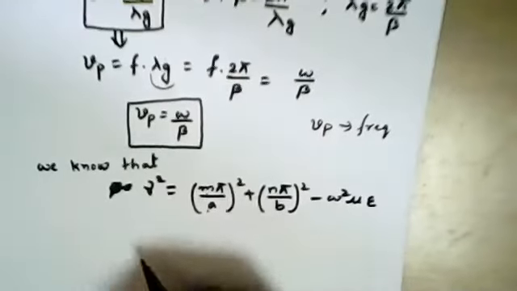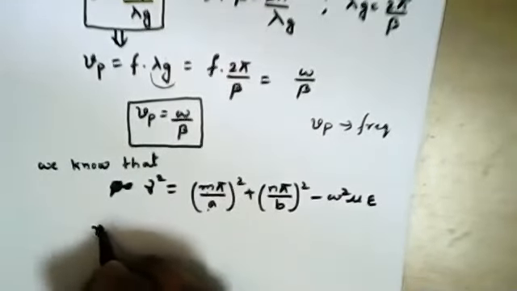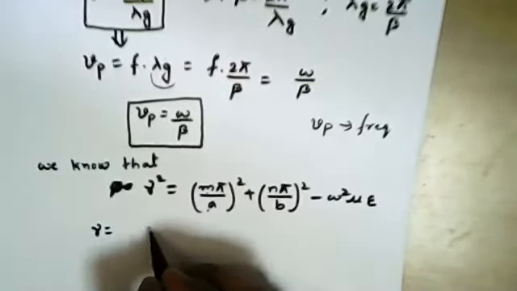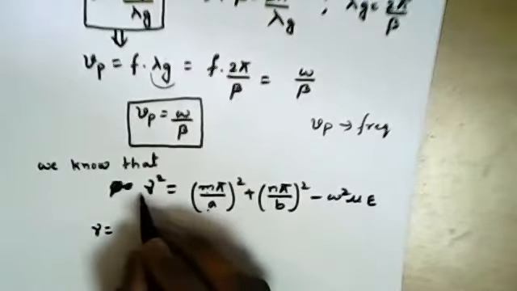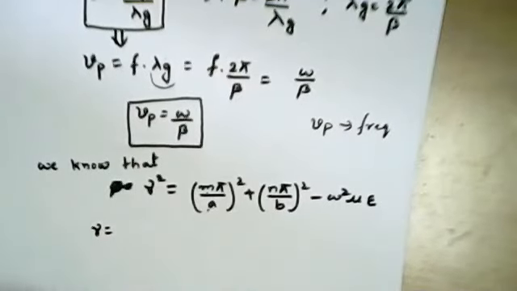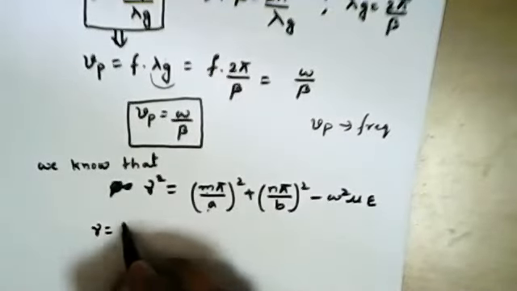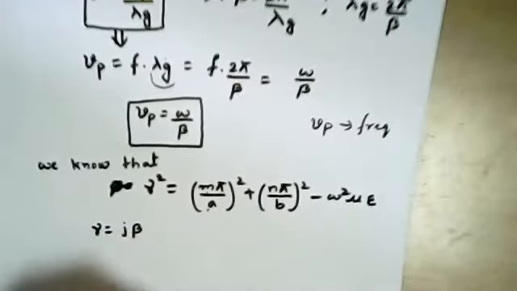Now, simplifying this, we know that gamma is equal to alpha plus j beta, where the attenuation constant is zero. There is no signal attenuation, so gamma will be totally equal to j beta.